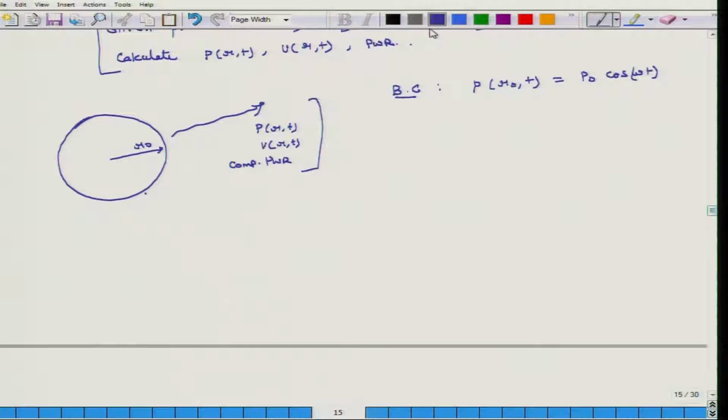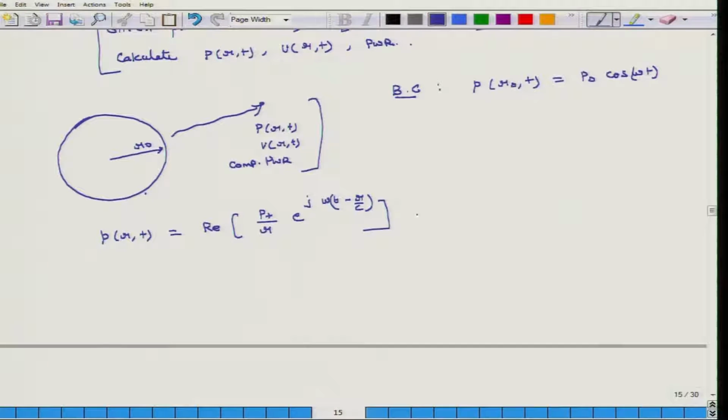So, let us start. First we will develop and write the expression. Pressure in a spherically symmetric system, if there are no reflected waves, as we have developed, is the real part of some complex number p plus divided by r, times e to the power of j omega t minus r over c.